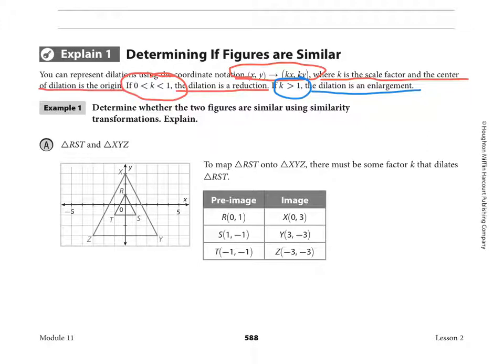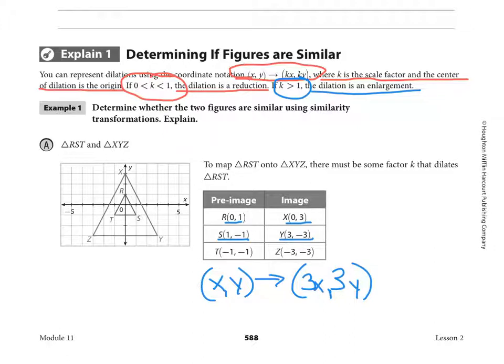So if we look here and it says map RST to XYZ, there must be some factor k that dilates RST. We notice R goes from (0, 1) and X is (0, 3), and S from (1, -1) to (3, -3), we can write this like (x, y) goes to (3x, 3y).